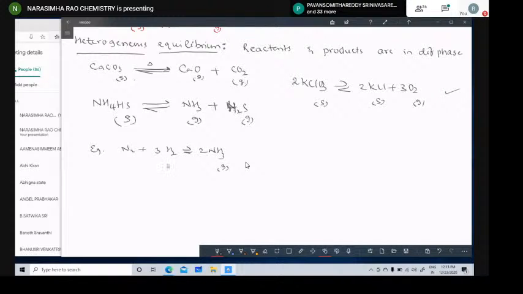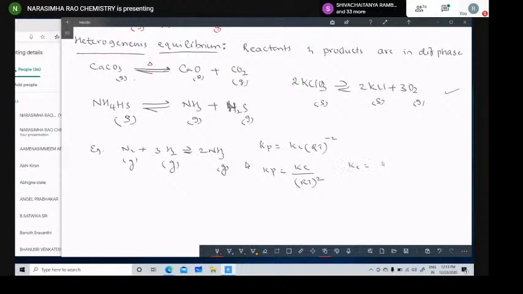We know that all are in the gaseous state. Now, Kp is equal to Kc (RT) power minus 2. Kp is equal to Kc by (RT) squared.